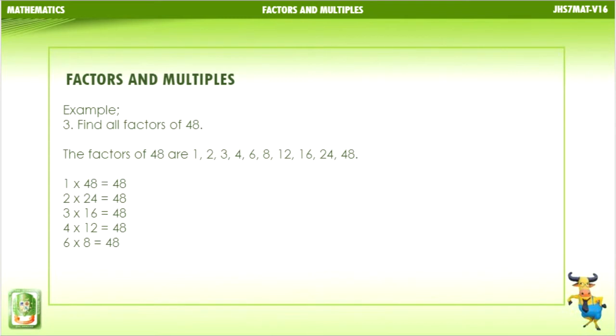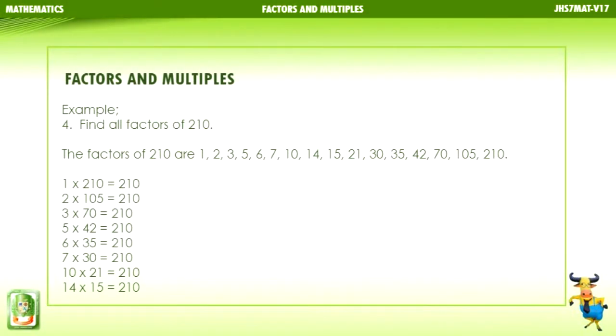To be able to solve for factors of 48, we think of numbers that can divide 48 exactly. 48 can be divided exactly by the numbers 1, 2, 3, 4, 6, 8, 12, 16, 24, and 48. Therefore, the factors of 48 are 1, 2, 3, 4, 6, 8, 12, 16, 24, and 48.